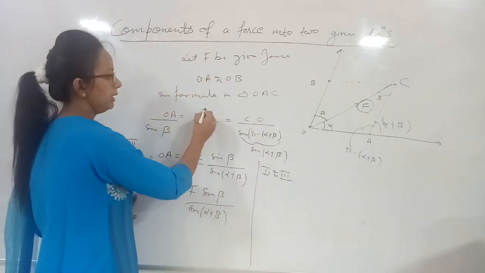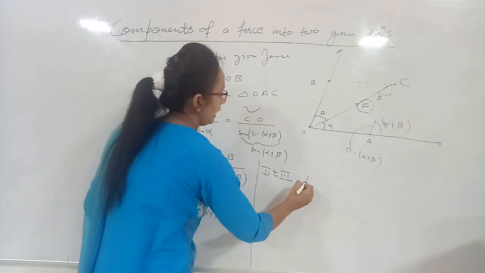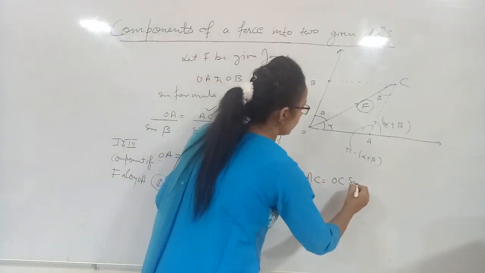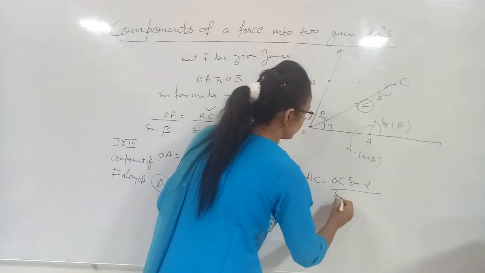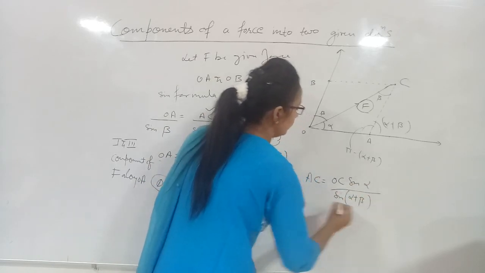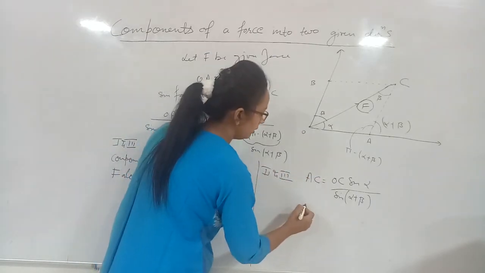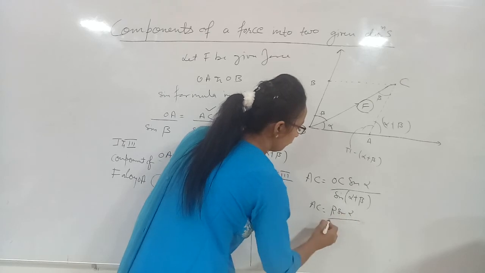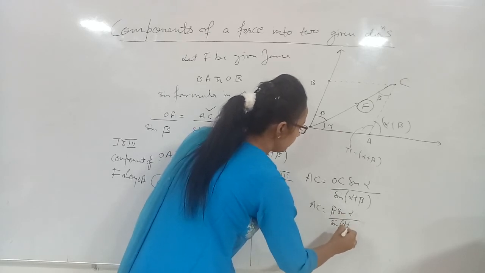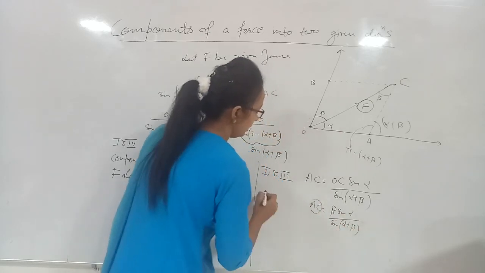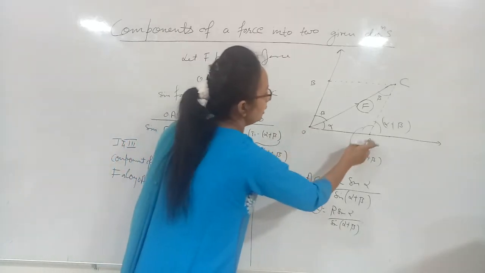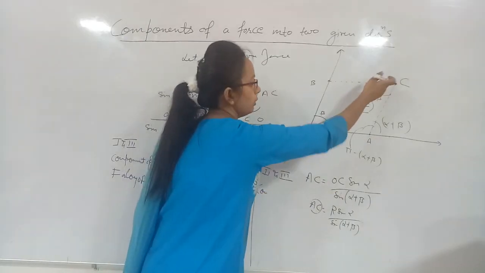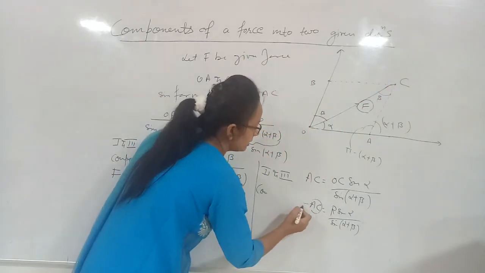Similarly we can find from second and third. We have AC is equal to OC into sine alpha divided by sine (alpha plus beta). Now again OC is R, so we have AC is equal to R into sine alpha divided by sine (alpha plus beta). And what is AC? From the figure you can see AC is equal to OB.